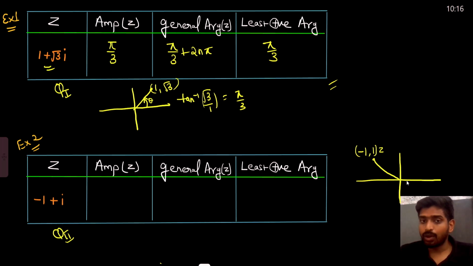Now, what is the amplitude? Amplitude means this angle measured from positive direction of x-axis in anti-clockwise direction. Tell me what is this angle? So this angle is 180 degree minus 45 degree, right? This one is 45 degree. So this is 180 degree, which is pi minus pi by 4, which is 3 pi by 4.